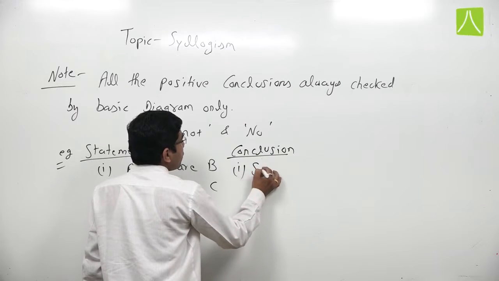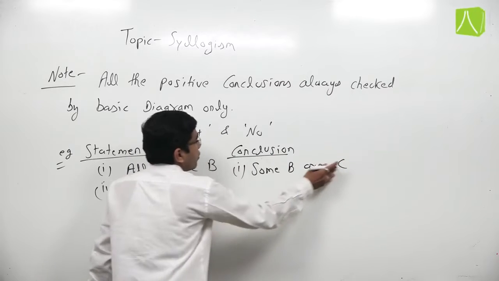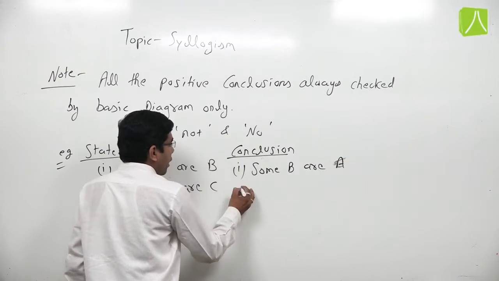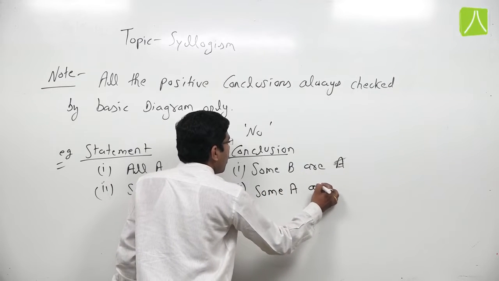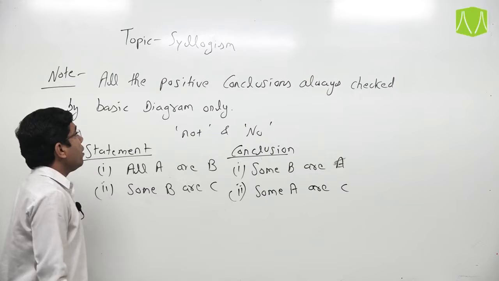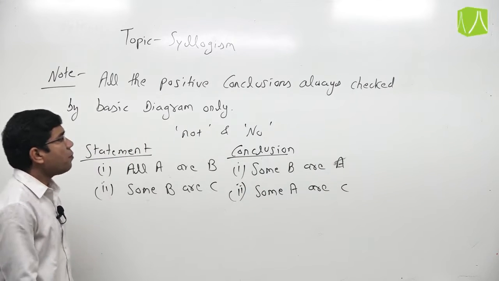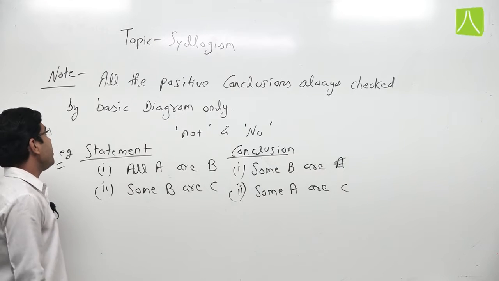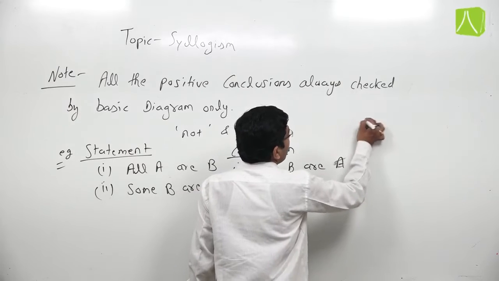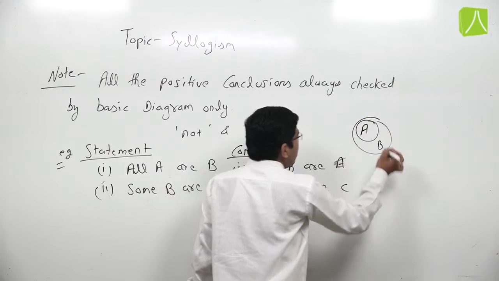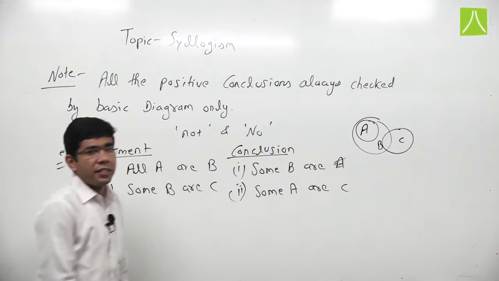First conclusion is some B are A, and second conclusion is some A are C. Now here we see that all the conclusions are positive, so we can use only basic diagram. For this question, our basic diagram is all A are B, and the second statement some B are C.